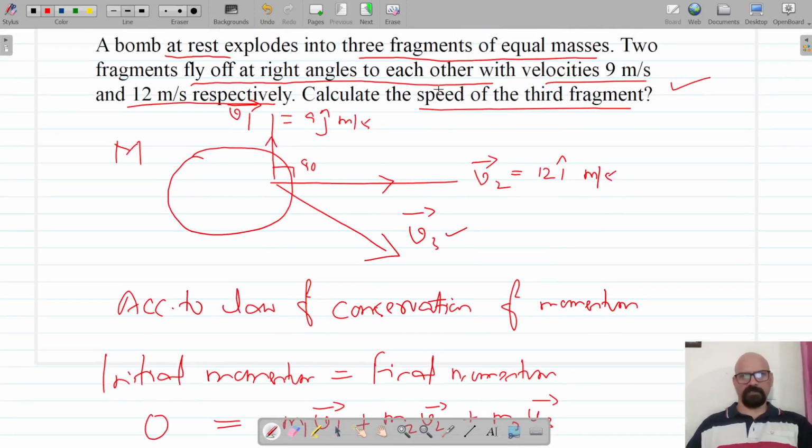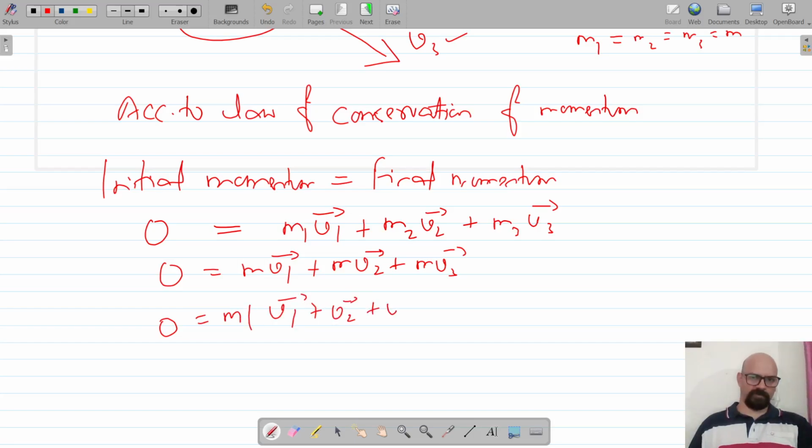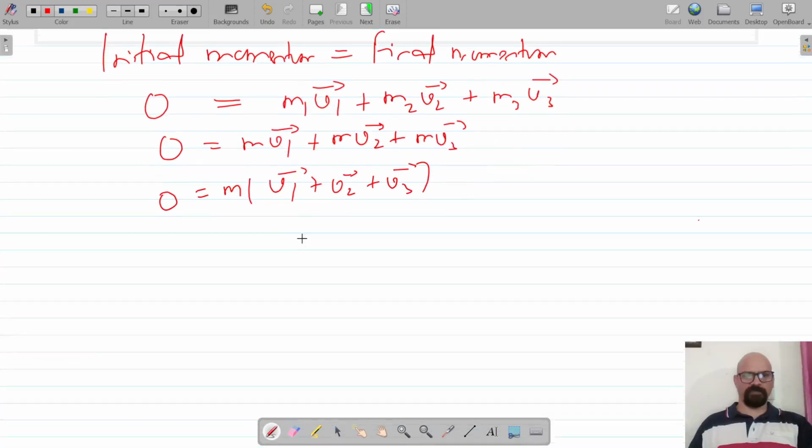And it's given that the three fragments are of equal masses. So let's say m1 is equal to m2 is equal to m3 is equal to m. So 0 is equal to m v1 vector plus m v2 vector plus m v3 vector. So 0 is equal to m into (v1 vector plus v2 vector plus v3 vector).